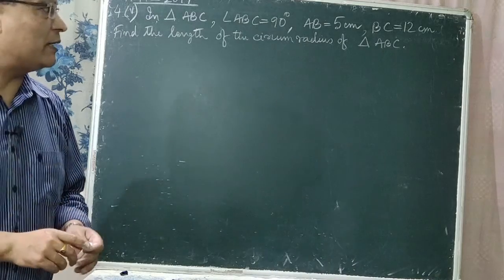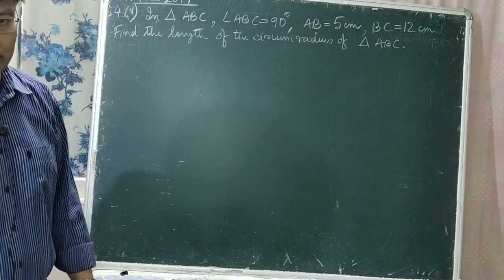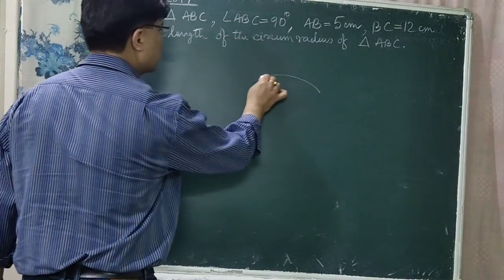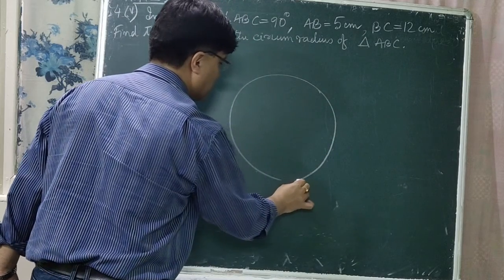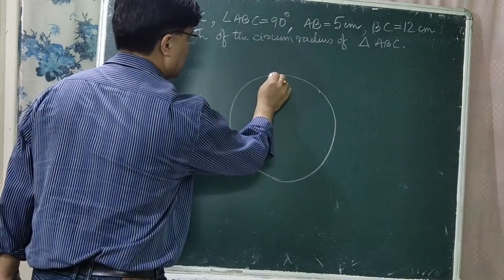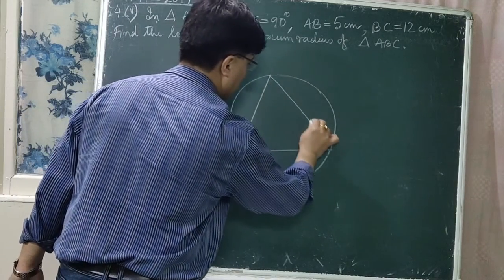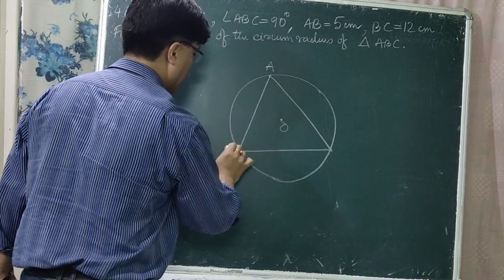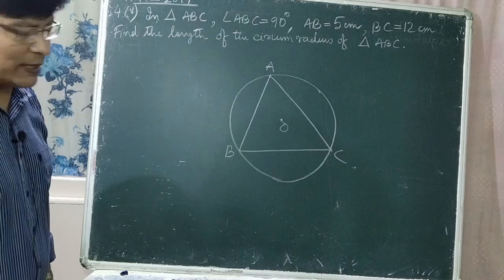Now what is meant by circumradius of the triangle ABC? You should know it. Suppose there is a circle, right? Suppose there is a circle and there is a triangle. This is the triangle ABC. So triangle ABC is inside the circle, right?